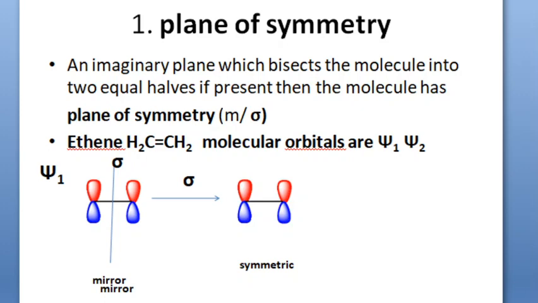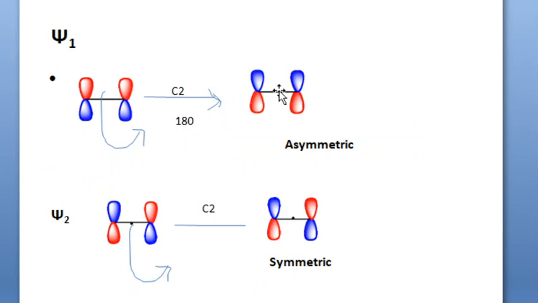And now coming to psi1 with C2, that's your psi1 molecular orbital. This one you are trying to make a C2 rotation. If you make a C2 rotation, then what happens? On C2 rotation, at 180 degrees, this blue will flip upside and red will come downside. So that's how it comes.